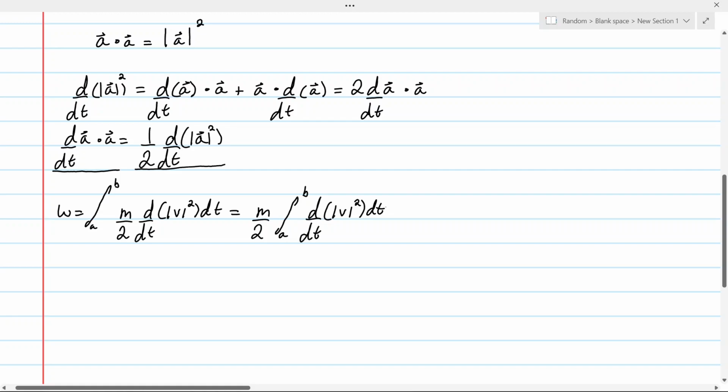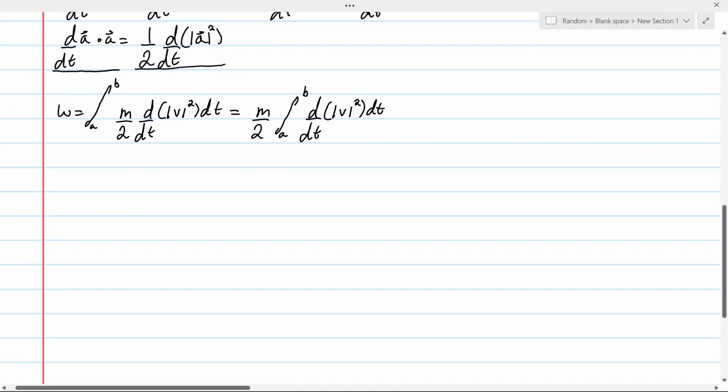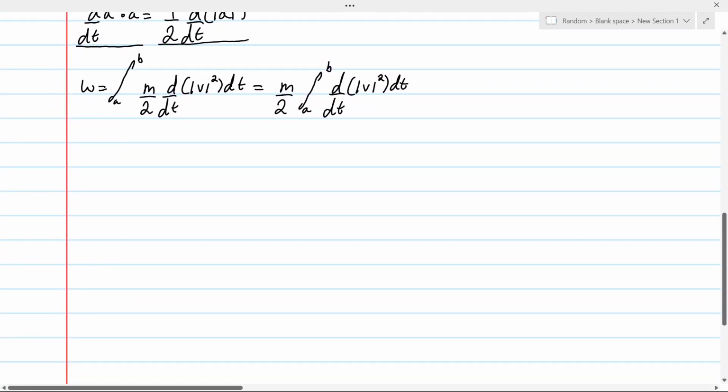The next step would be to use part of the fundamental theorem of calculus, which says that the integral of a function f of x dx from a to b is equal to the antiderivative of that function at b minus the antiderivative at a.